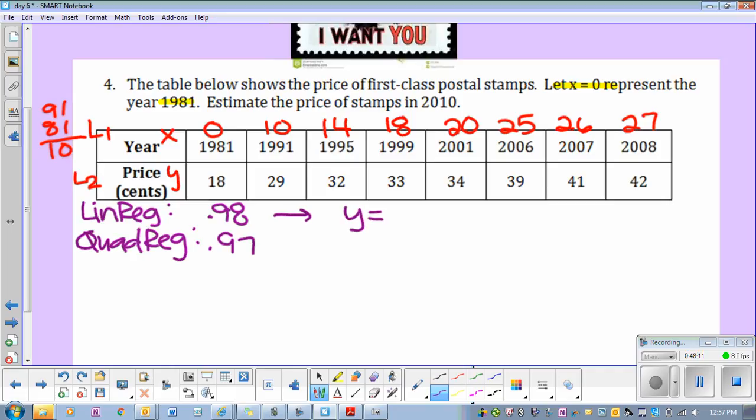Y equals... Are there any decimals after 19? 0.004? Okay, then we'll stop at 19. Thank you. Are we okay with this? Ava, did you get this too?